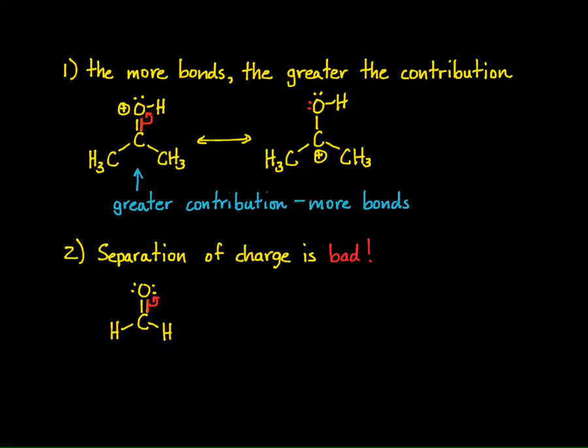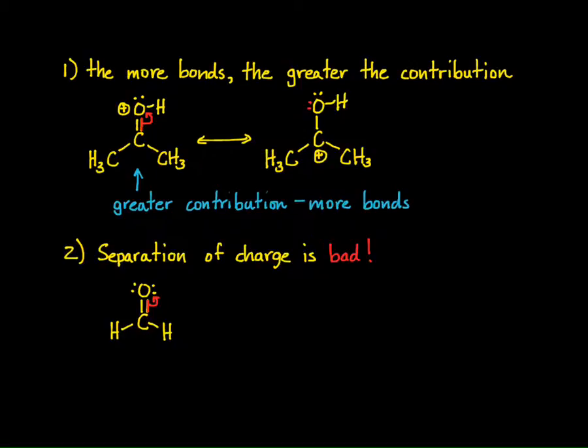Now, you might be saying, well, why oxygen? Why not carbon? The reason for this, again, deals with that reasonable Lewis structure drawing, right? Between carbon and oxygen, oxygen is more electronegative.